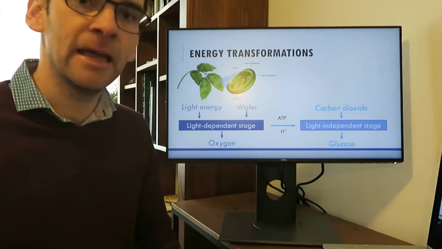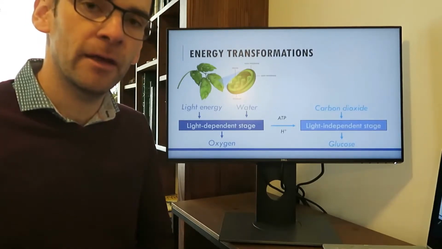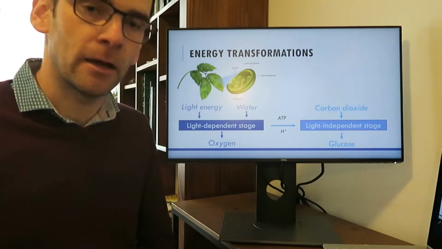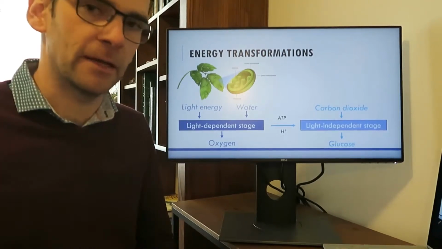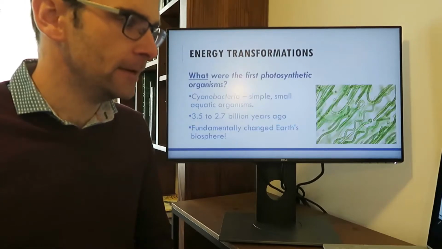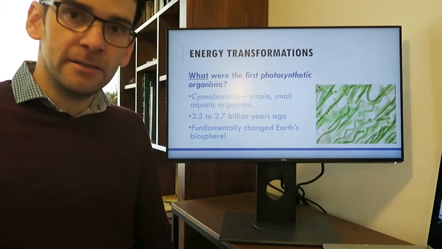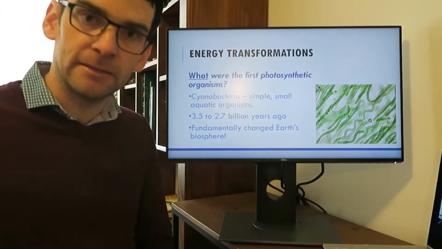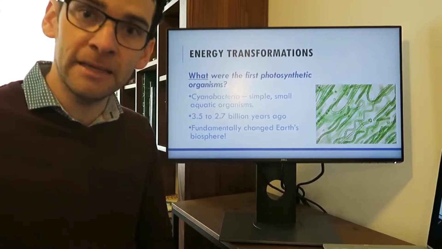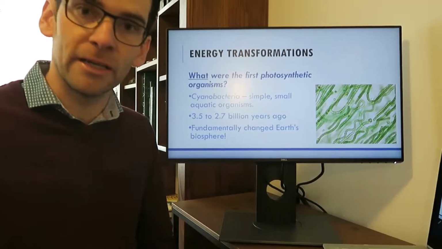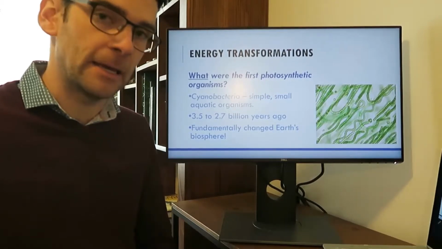And then it either uses that glucose for energy, combined with nutrients to grow and reproduce, or it stores it away for later. Now this is no mean feat. Photosynthesis is quite a remarkable chemical invention, and really, without it, we wouldn't be here today.